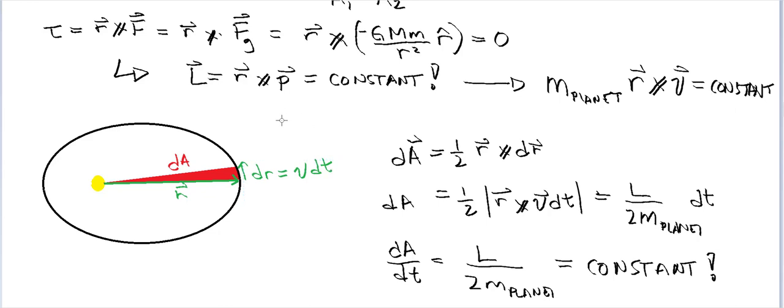V is dr dt, so dr is just v dt. Why half? Well, r cross dr is going to make a parallelogram. We're not getting the whole parallelogram. We're only getting 1/2 of it, the part on one side of the diagonal.